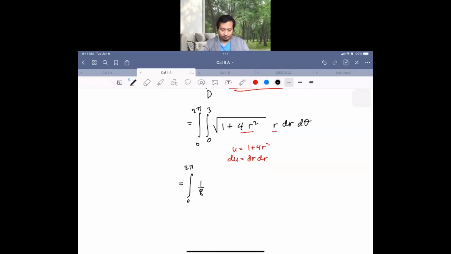So we will have square root of u. U is 3 over 2, 2 over 3, right? So 2 over 3, this is 1 plus 4r squared, and then 3 over 2 from 0 to 3, then d theta.